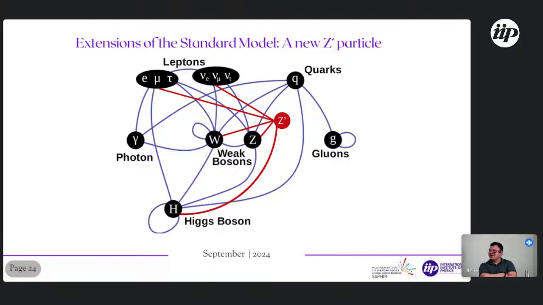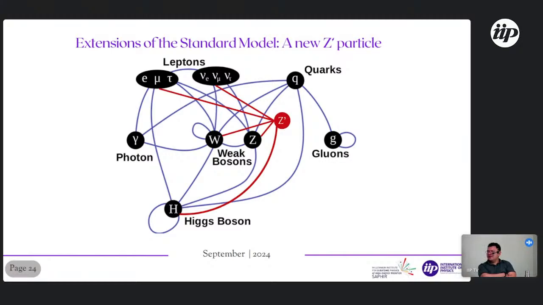A new favorite particle. The Z prime, for example, is a new particle, very simple, and we can do the same mathematics that we saw, and we can create interactions of particles that affect the symmetry, and we can use colliders to find that particle.